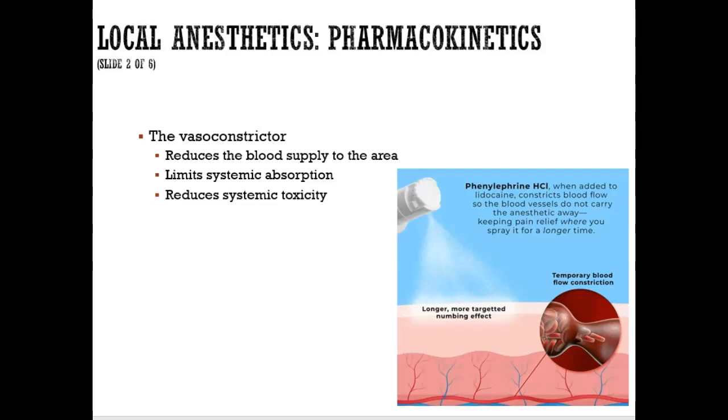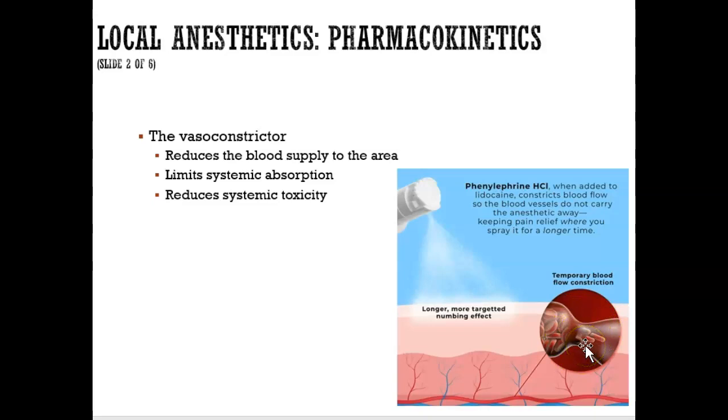In a local anesthetic, we like to see a vasoconstrictor. The vasoconstrictor that we normally see in our local anesthetic is epinephrine, and I'll talk more about that towards the end of the lecture. But just to give you an overview, the reason a vasoconstrictor like epinephrine is added to the local anesthetic is that it constricts or closes the blood vessel.